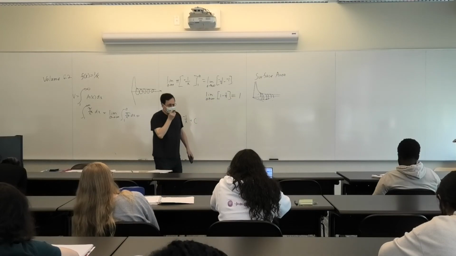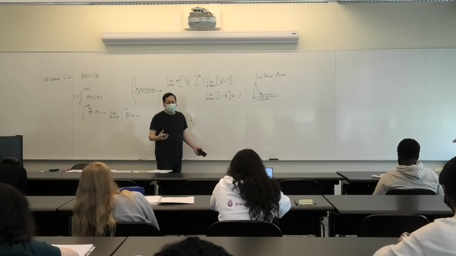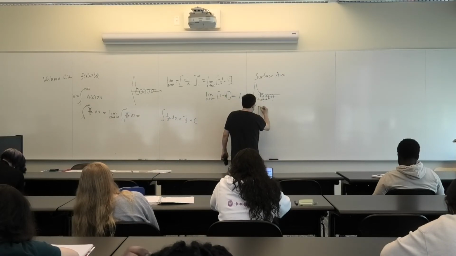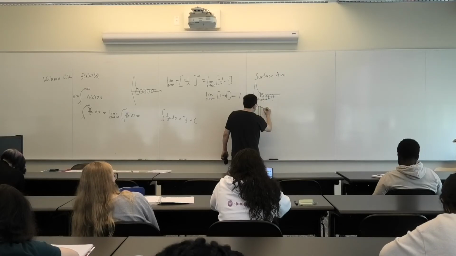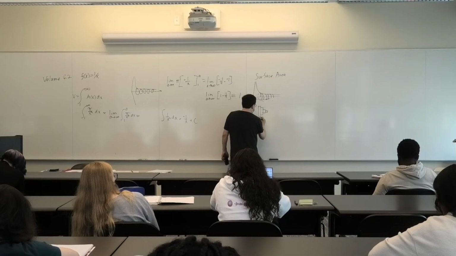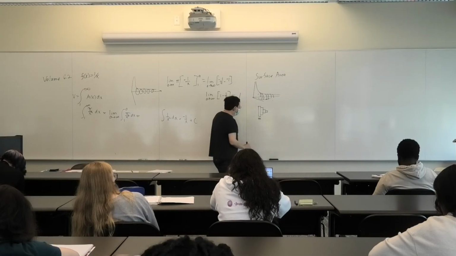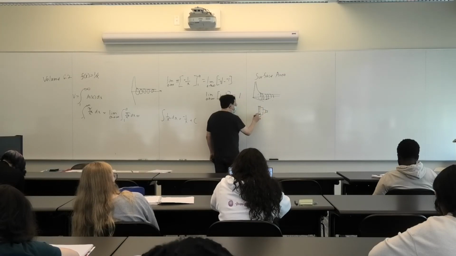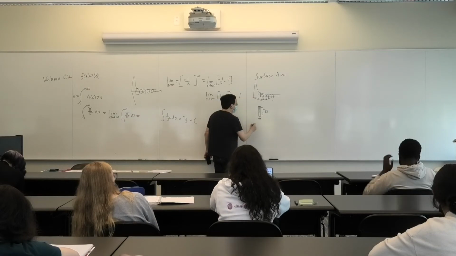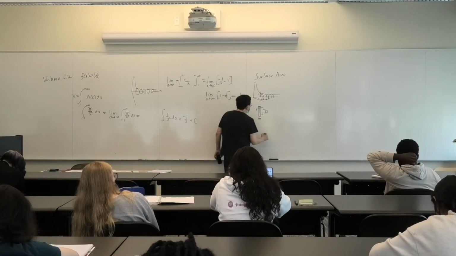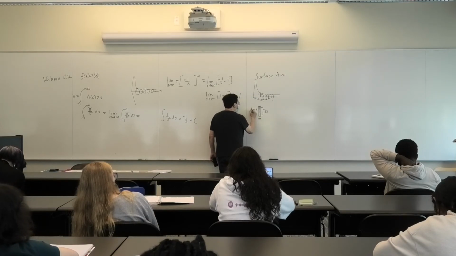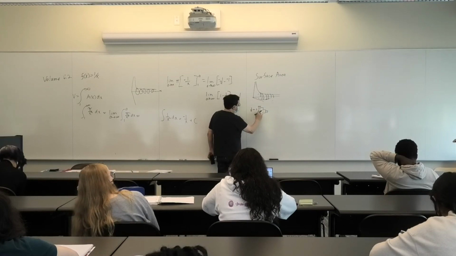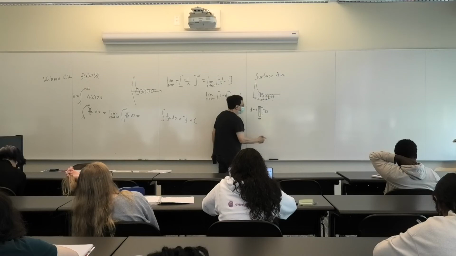We haven't done this kind of problem, but it shouldn't be that hard to figure out. Think of these little pieces getting smaller and smaller. They have some tiny width dx. They're like little cylinders with a radius of y, which of course is 1 over x.